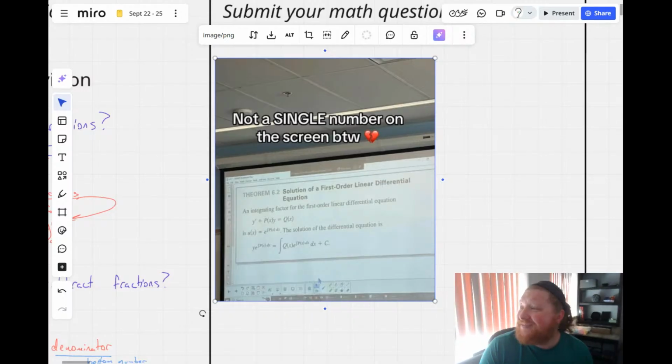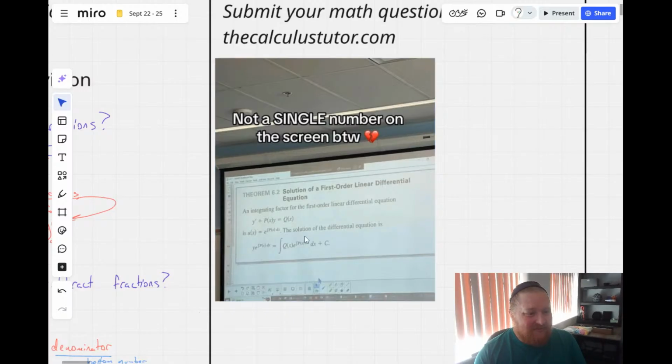Anyway, my assumption is that this is a visitor, an observer in this room, because in order to get to differential equations, and this looks like differential equations 1, that somebody might take right after they've taken calculus 2 or calculus 3.